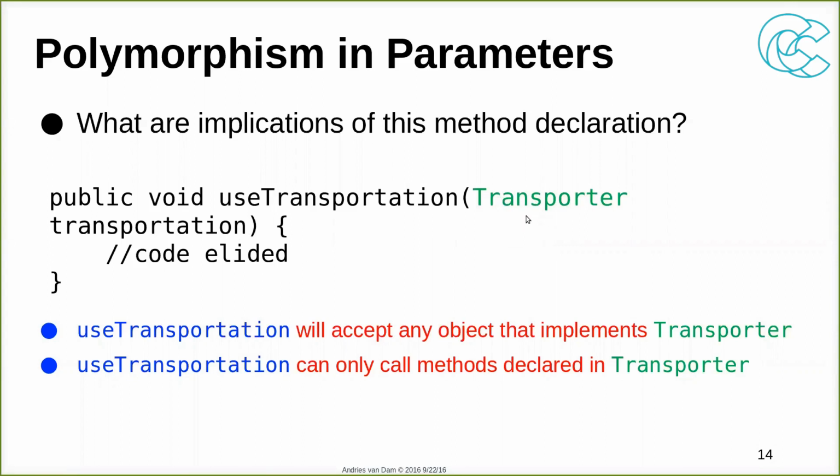So let's say car and bike, if they implement this interface, then the instance of car and bike can be passed. But if it does not implement, let's say radio, then it cannot be passed as the argument. And this is the other restriction that we looked at, which is that this transportation object can only see or call those methods that are part of the declaration of the transporter interface.